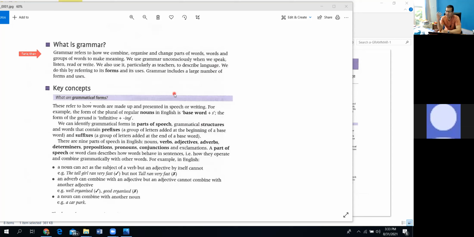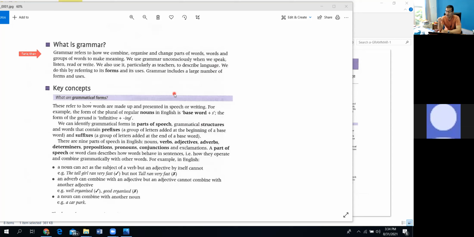Now, some people think that grammar is not necessarily when we are speaking. That's not true. As you see here, they say we use grammar unconsciously when we speak. The first thing, listen, read, or write. Now, some people say we don't need grammar when we speak.